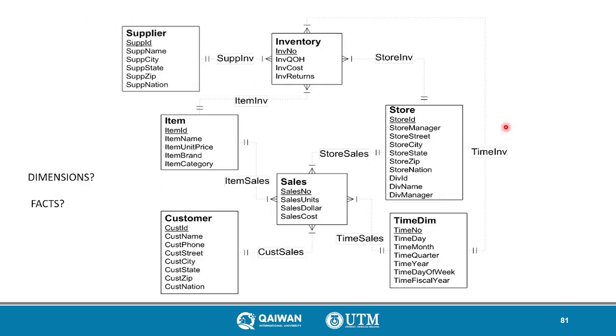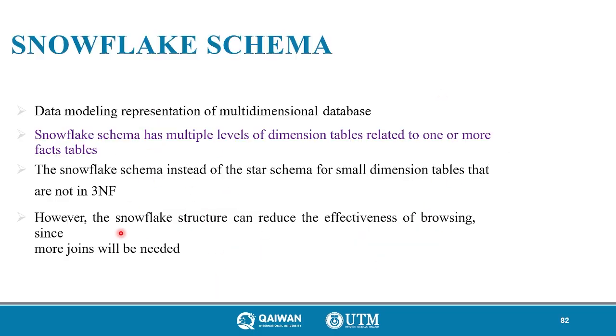And these would be the dimensions or the leaf tables. But what is important to know is that this one would be the time inventory, or we would have the time dimension, store dimension, item dimension, customer dimension, and so on.